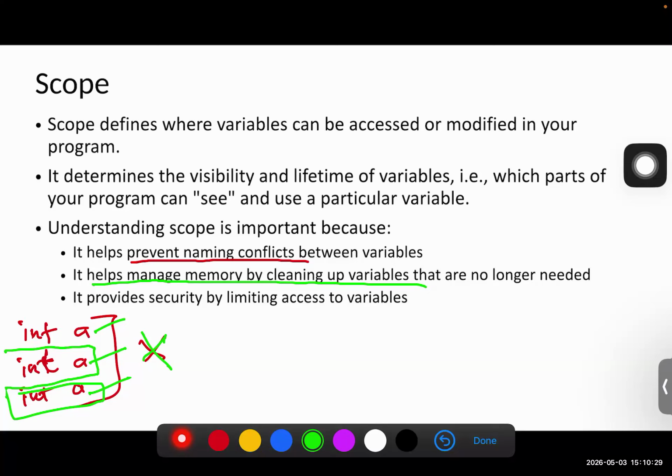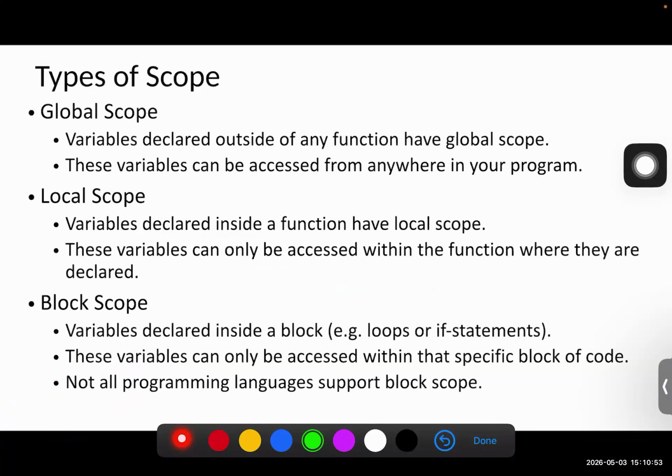So the scope of the variable helps us differentiate which types of variables we are dealing with. Then scope also provides security by helping us limit access to variables within our program. Let me show you what I mean.